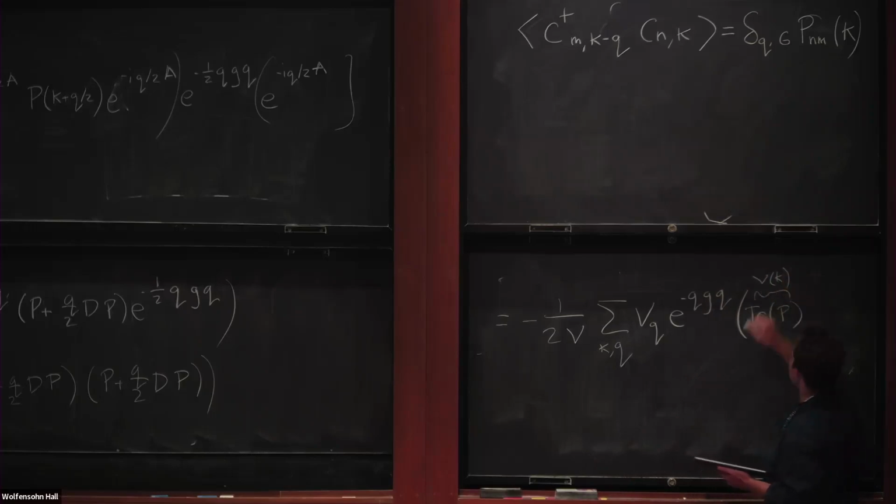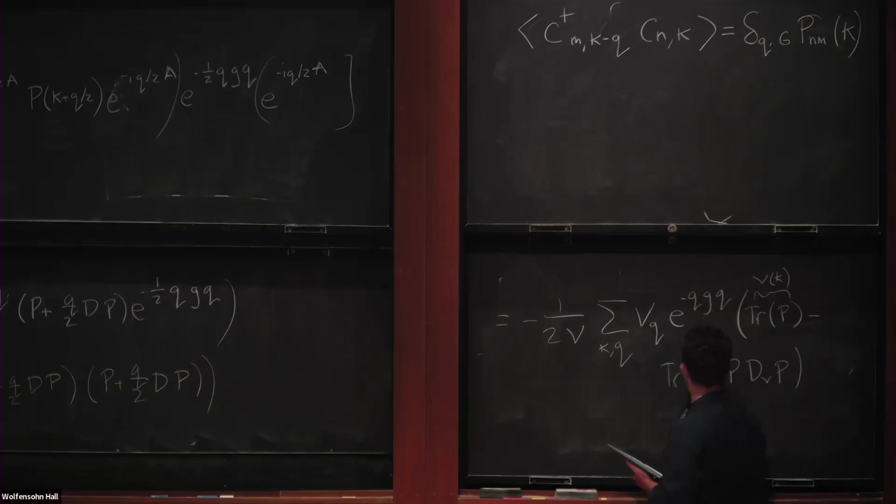It says how many electrons you've occupied at that point in k space, minus d mu P d nu P trace, with this thing contracted with q mu q nu over 4.